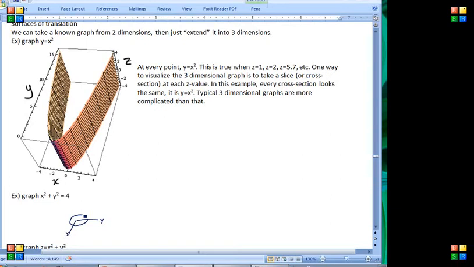But now we want to add this 3rd dimension. So what happens? Well, basically, at every z value, you've got a circle. So it's like a stack of circles. If you want to draw them all in, you wind up with a cylinder.